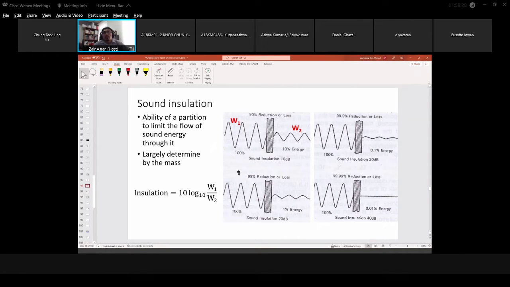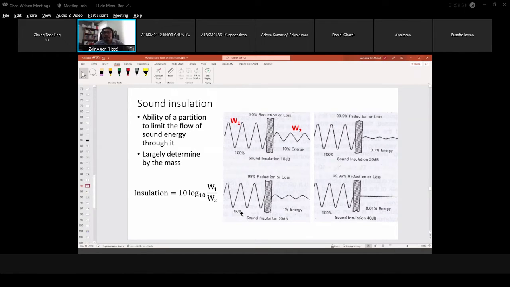So if we have 100% sound energy, W1 equals 100%, and we transmit only 10% of the energy, W2, in this case we have a 90% reduction in sound energy. The insulation of this wall is equal to 10 dB.